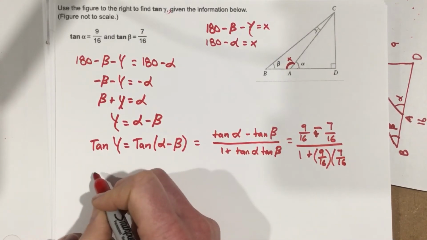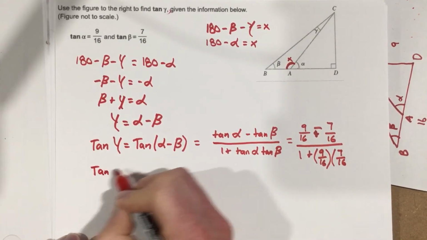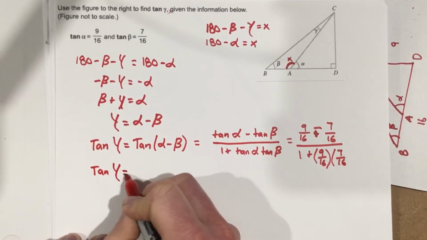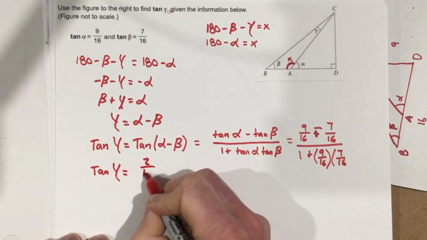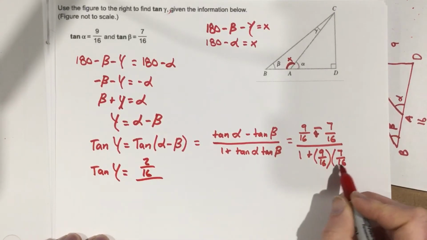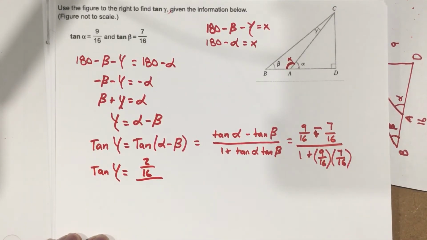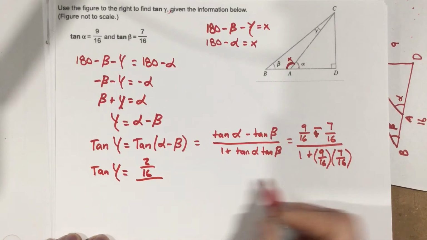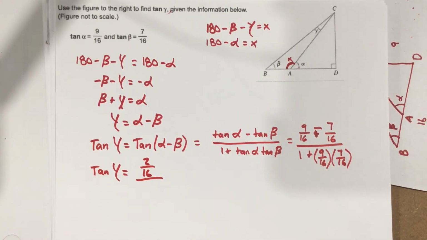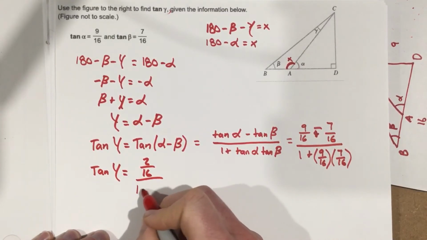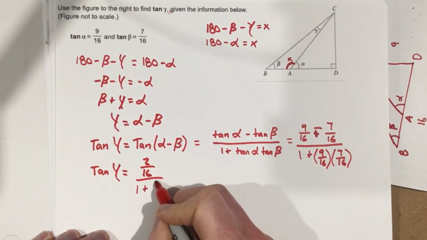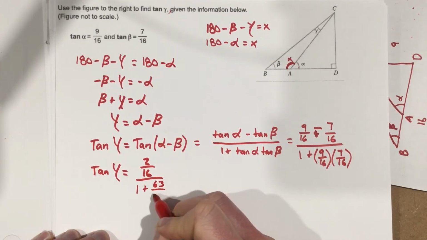I'm going to bring this down and say that tan gamma equals, when I subtract those, 2 over 16, over, when I multiply those, 16 times 16 is 256, so 1 plus 63 over 256.